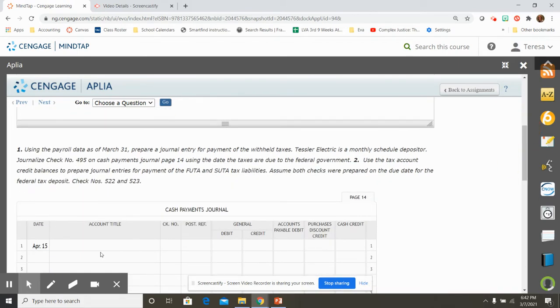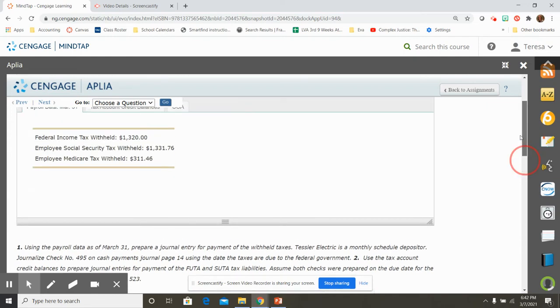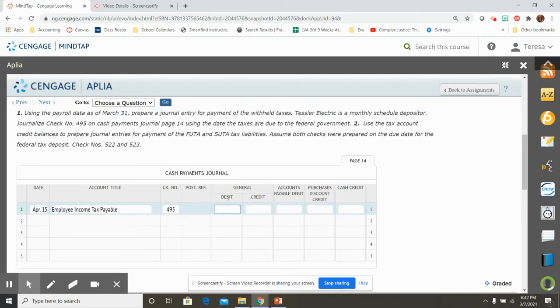So let's go down here. Employee income tax payable, and this is on check 495, and we are going to debit 1,320.